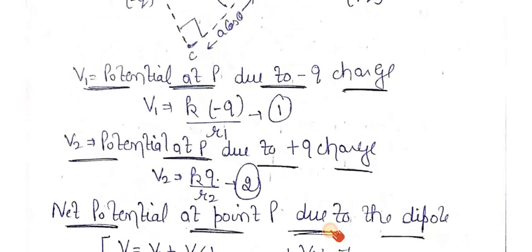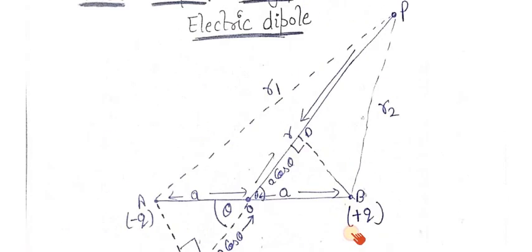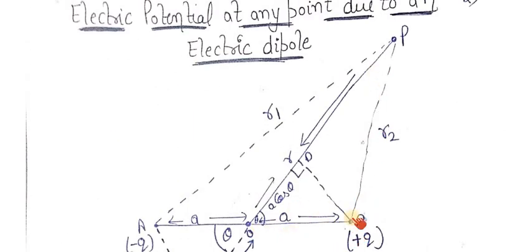Similarly, r2, how will you write? Yes, this one is r2, right? This distance is r2. So this distance we resemble like this only. Full distance is r. This r2 is nearly equal to OP, this distance. That means what can we write r2 as? Total distance r minus this a cos theta, because this PD distance resembles BP.